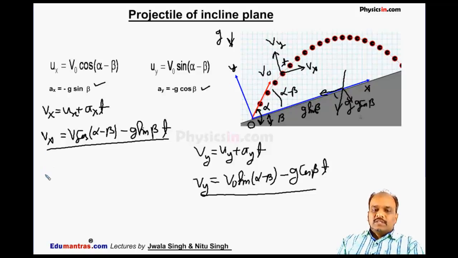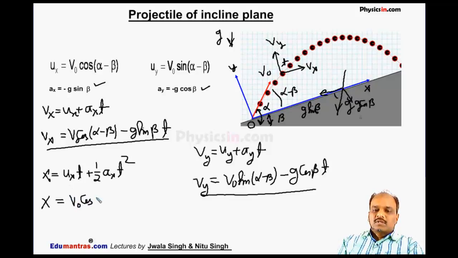In the same way we can write displacement. The displacement along the x-axis is x equals Ux into t plus 1/2 Ax into t squared. Ux is v naught cos(alpha minus beta) into t, minus 1/2 g sin beta into t squared.